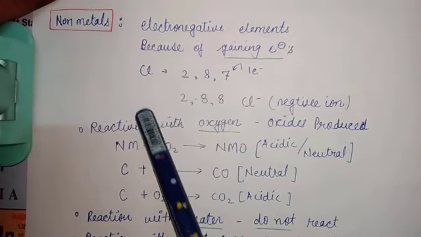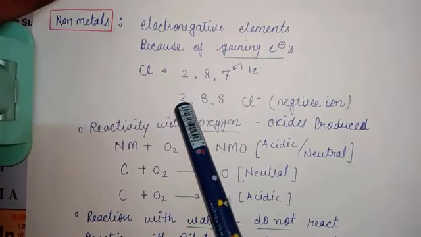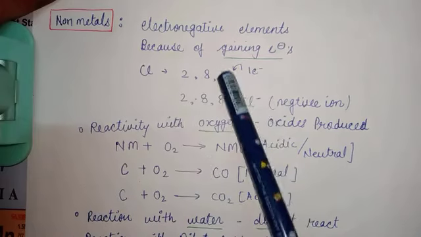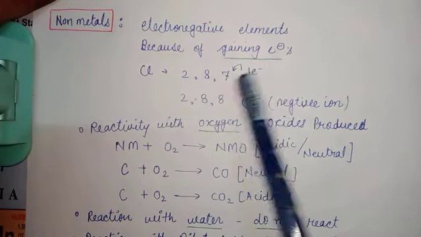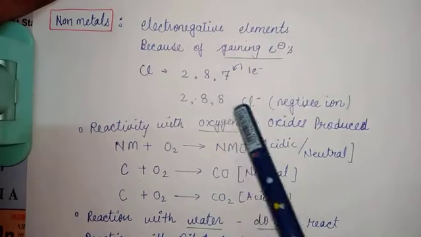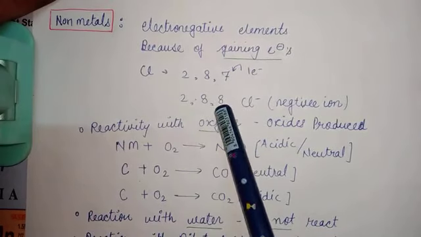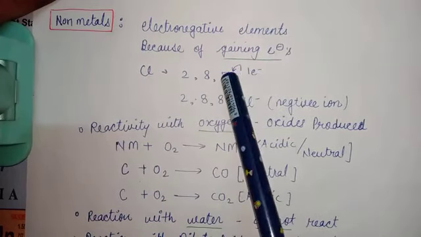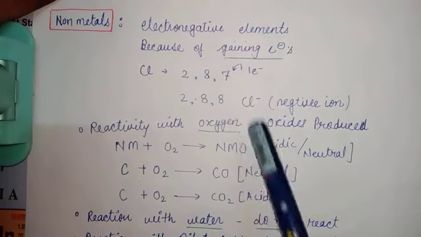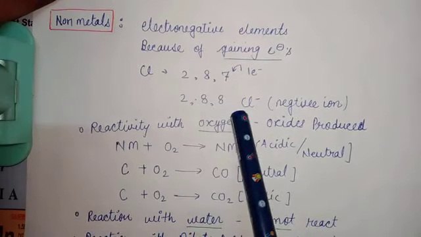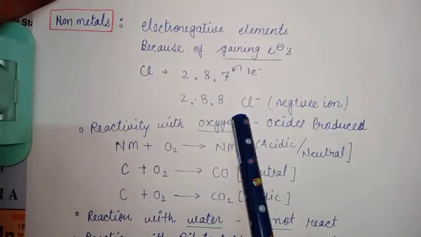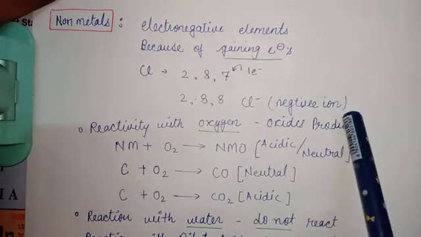If it forms a chloride ion, it takes a free electron in its outermost shell and becomes 2, 8, 8. It becomes a chloride ion, which is a negative ion.